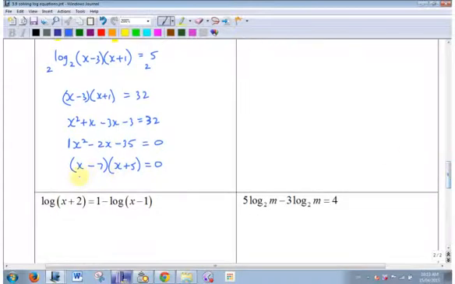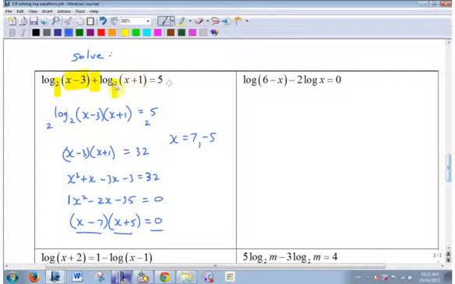So, when does this work? When does this equal 0? What value of x? When does this equal 0? Okay, now, something we don't know. You got to check. Remember that stuff?